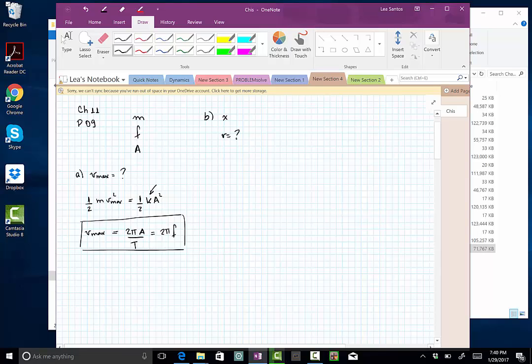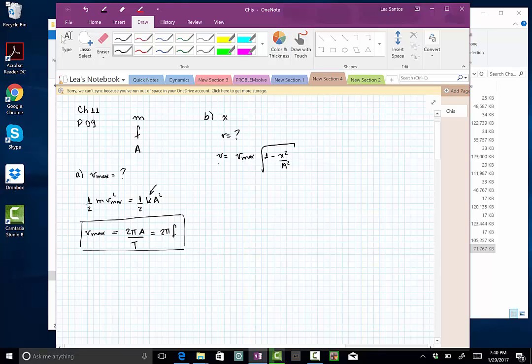Again, if you have very good memory, you can go straight to the equation that we found for the speed at an intermediate point. We found that the speed is Vmax times the square root of 1 minus x squared over amplitude squared. So all that you have to do is put the x here, put the amplitude that is given, put the Vmax that you just found, and find the V.